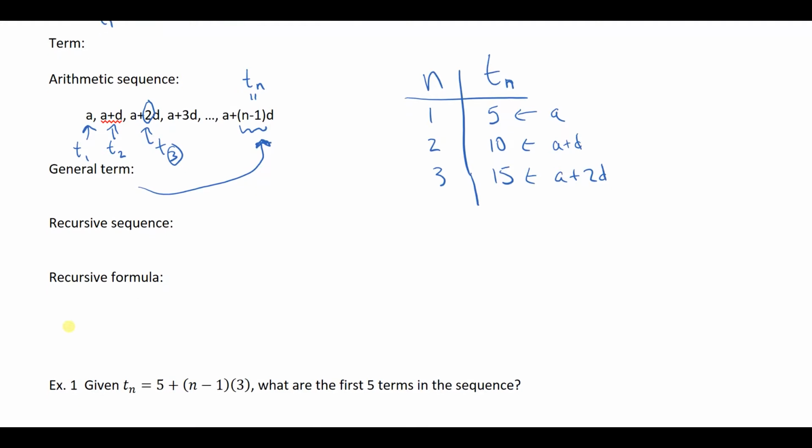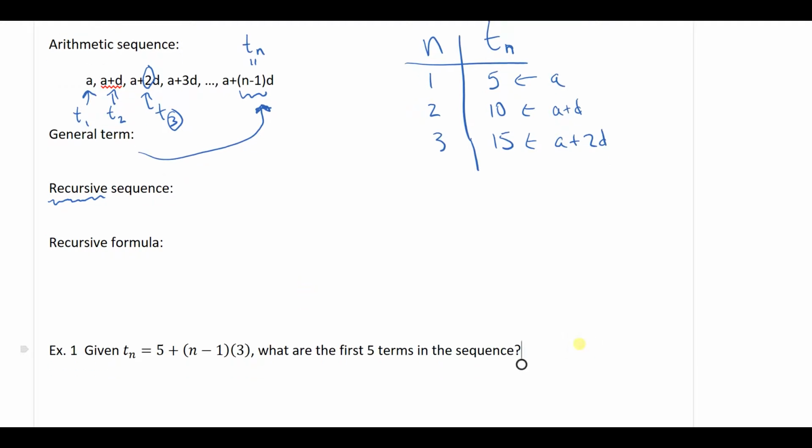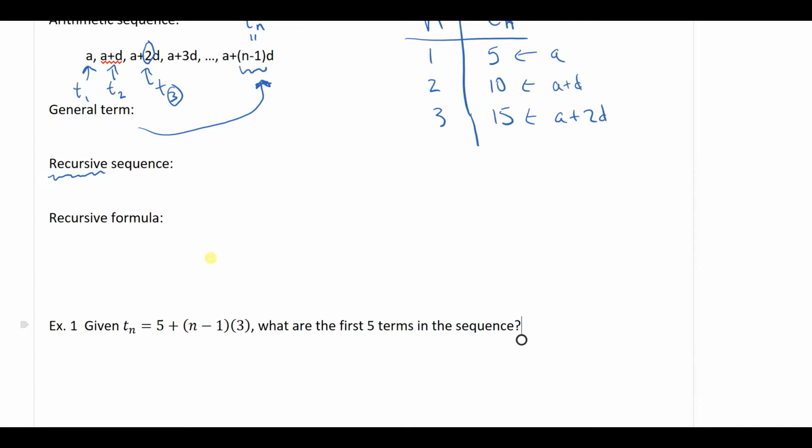A recursive sequence means I can write any term in the sequence based on the previous one. If we were to define the word recursive, I bet it means based on previous. It would be interesting for someone to look it up and let me know. You can put it in the comments below if you look it up. A recursive formula: in general, we write a recursive formula by giving the first term and then finding our general term based somehow on the previous term.